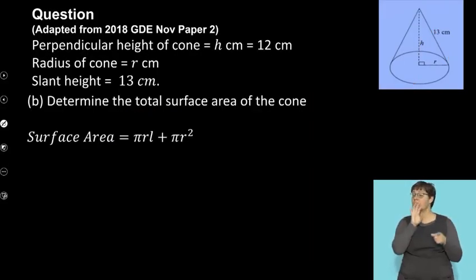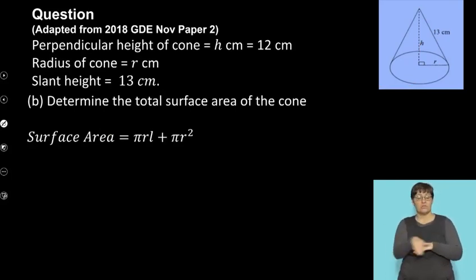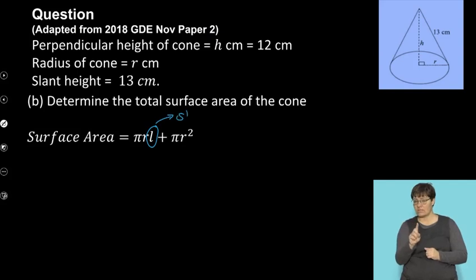So we now need to determine the total surface area of the cone. The surface area of the cone can be found by saying pi r times the length of the cone plus pi r squared. Please note that this length is referring to my slant height, which I do have.